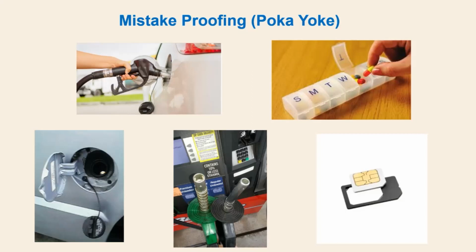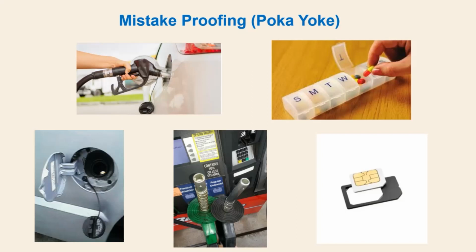So if I know that I'm using a petrol car, and the person at the fuel station tries to use that green pump, that will alert me, because I know that my car is a petrol car, but he's going to use a diesel pump to pump fuel. So that's another mistake-proof method.